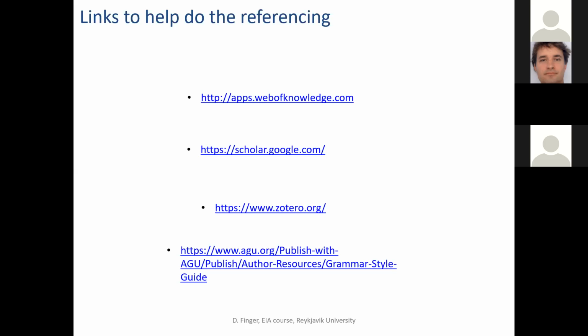Of course, if you have a reference that is not in the Web of Knowledge, you would have to enter it manually into Zotero, and then you have to be careful that you put the correct information into the correct place so that the software can reference your reference in the correct way. So these 4 links are really useful.